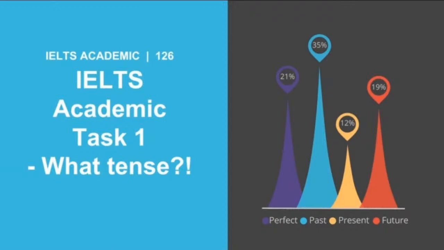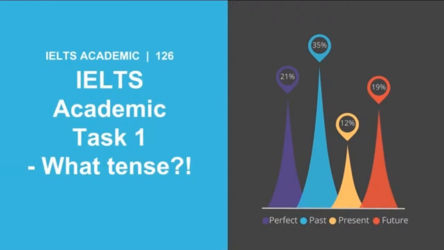And then the second rule is that sometimes you get charts and graphs that will require you to use more than one tense. It might be historical data mixed with forecasts into the future.